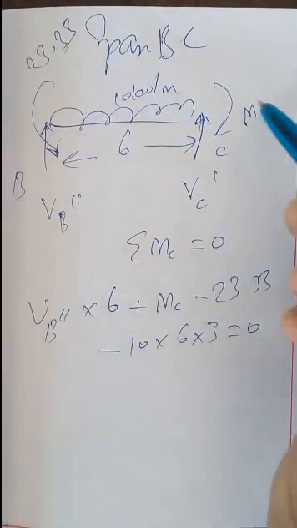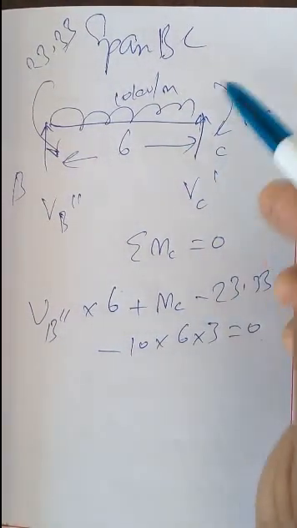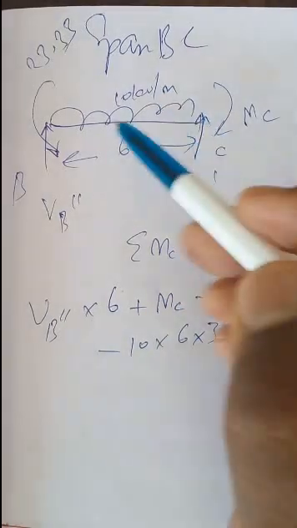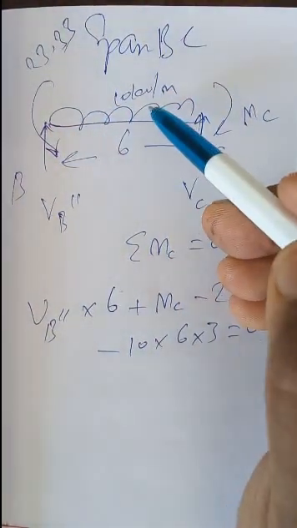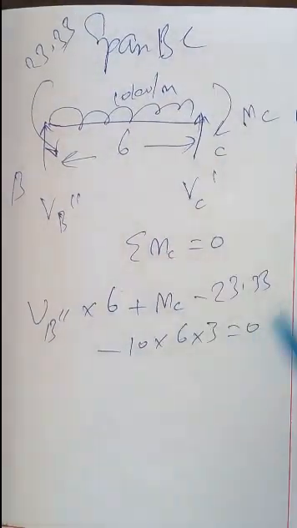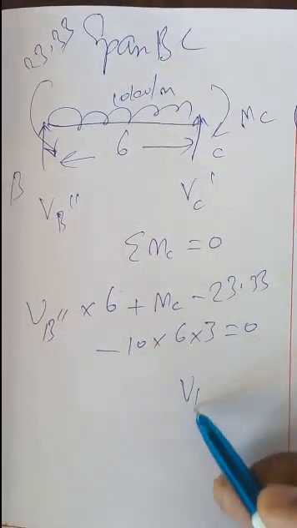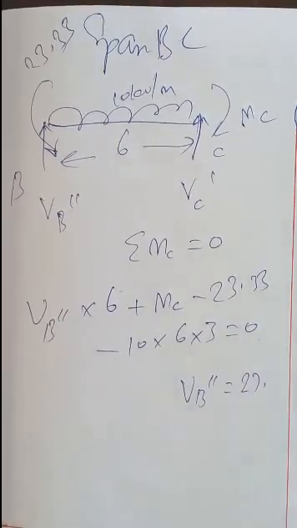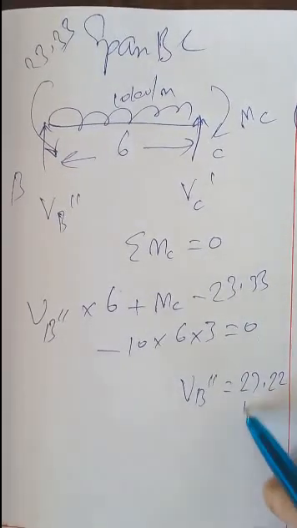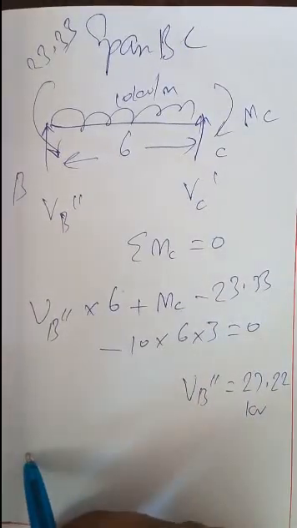So MC is taken positive here. In this direction it is assumed. So plus MC minus 23.33 because anti-clockwise, and this load also causes anti-clockwise moment. So substituting all these things, you will be getting VB double dash equal to 27.22 kilonewton. Then how will you find out VC dash?